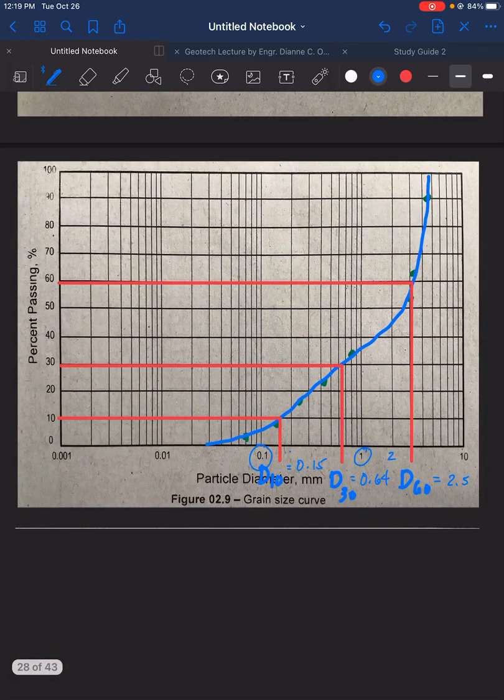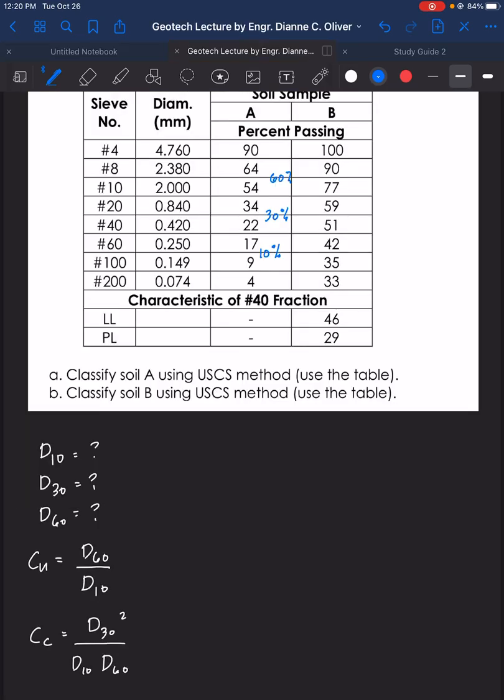What I mean by near is that since we sketch the graph, there is higher percentage of error because the values that we get here depend on how accurately we plot the points. If your hand is as shaky as mine, as you can see here, my graph is shaky. There will be an error in determining the diameter. Okay, so let's use the calculator here.